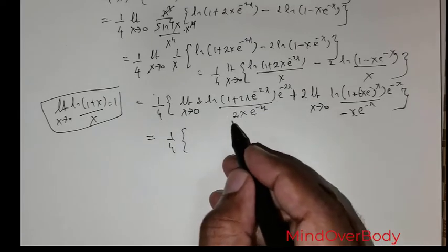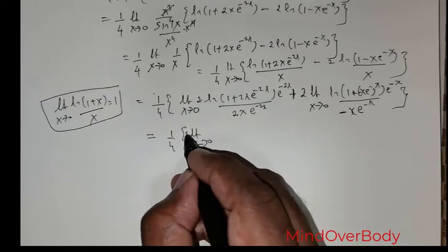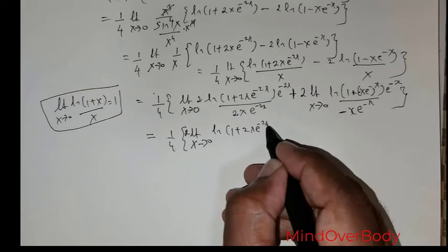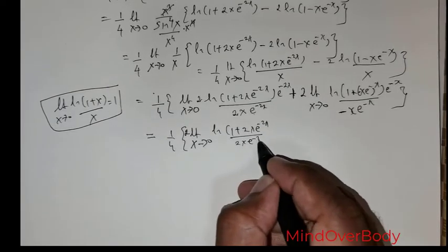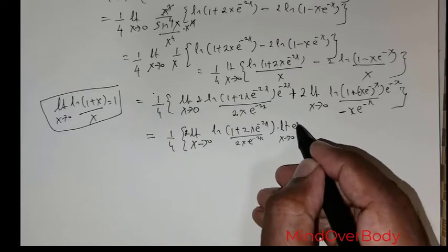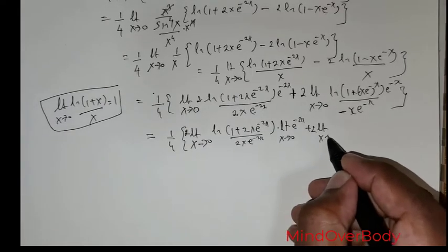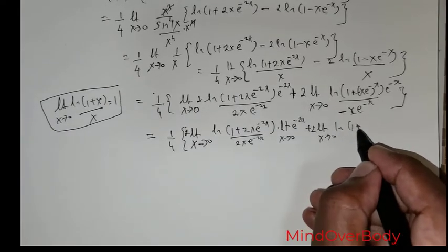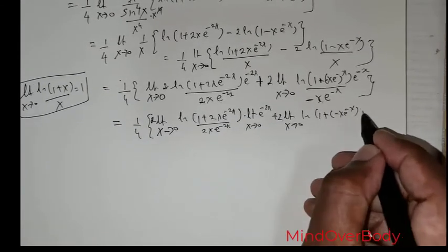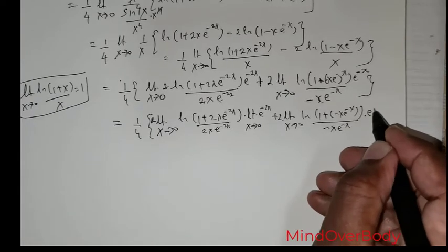Applying the limits, this is going to be, let me rewrite it down, limit x tending to 0 of 2 is there, I'll place the 2 there. So it's going to be ln of 1 positive 2x e raised to the power of negative 2x divided by 2x e raised to the power of negative 2x times limit x tending to 0 of e raised to the power of negative 2x, positive 2 times limit x tending to 0 of ln of 1 positive of negative x e raised to the power of negative x divided by negative x times e raised to the power of negative x, times e raised to the power of negative x.